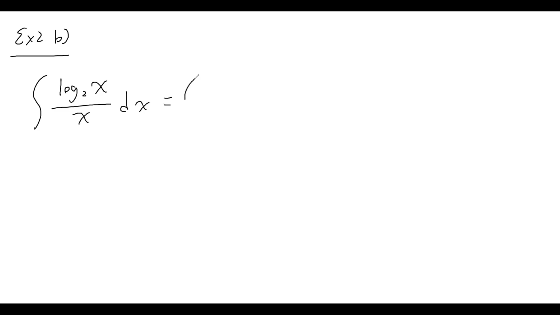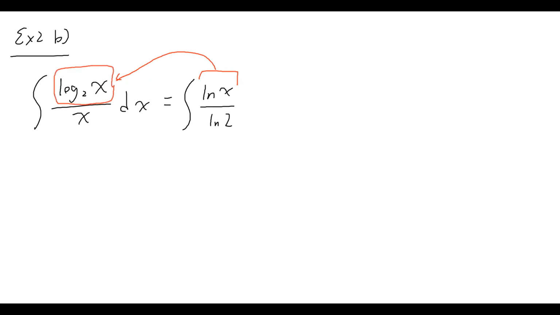Okay, so let's go and do that. Change of base, log base 2 of x, so that gives me ln x over ln 2. So this whole thing, ln x over ln 2, replaces our log base 2 of x.